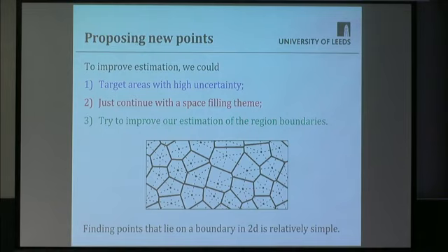Now it turns out that the points where we're really uncertain about where the boundaries are coincide with the areas of high uncertainty as well. So these things are not mutually exclusive, if you like. Finding points that lie on a boundary in 2 dimensions is relatively simple. The geometry is very simple. I know it is because I can do it.